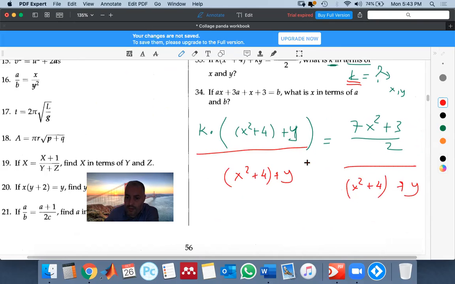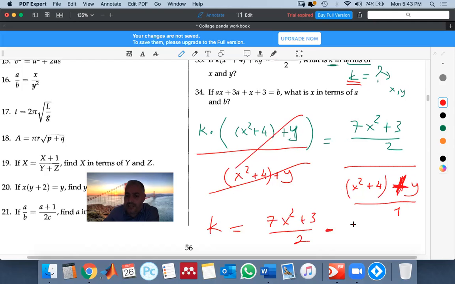So K is equal to this one: 7x squared plus 3 divided by 2 times, you know, reciprocal, 1 over y plus x squared plus 4. That's it.